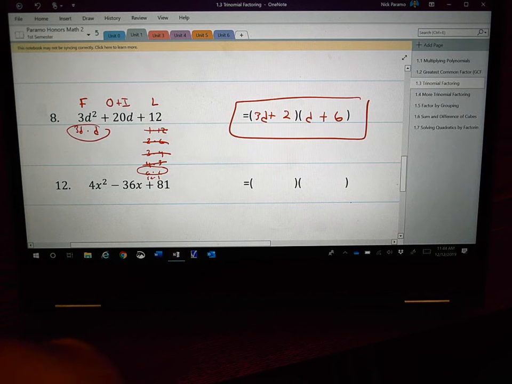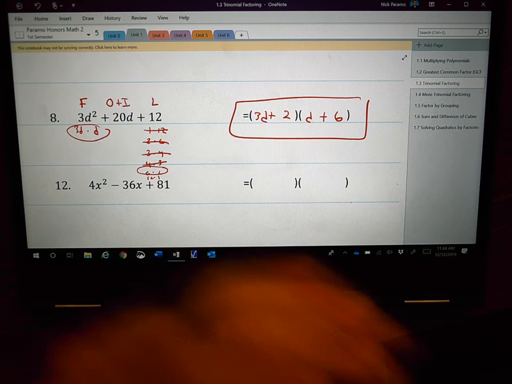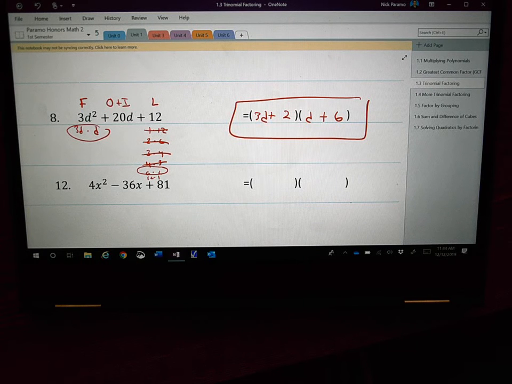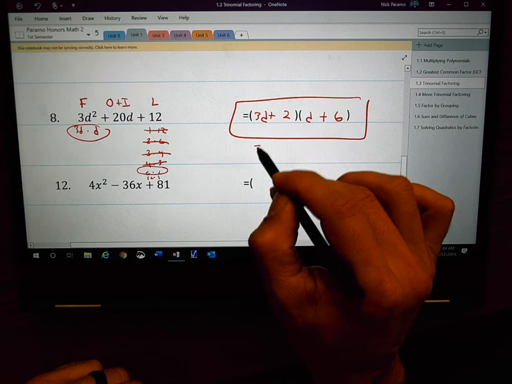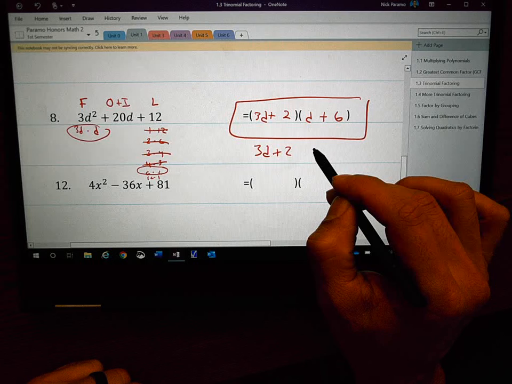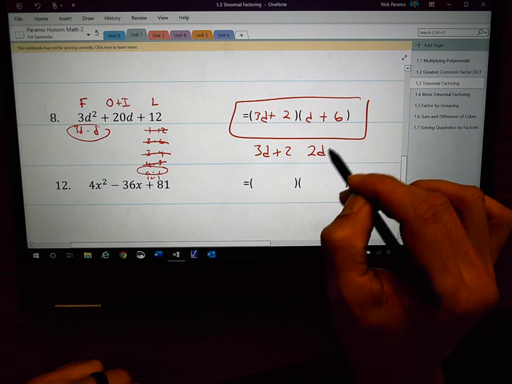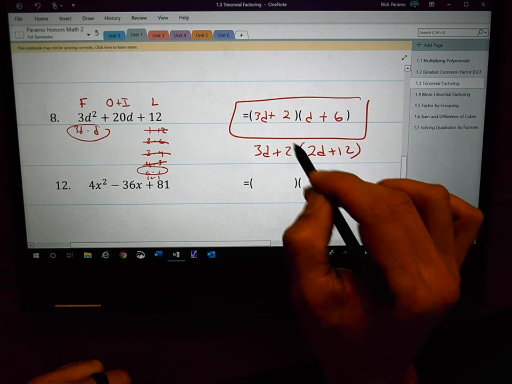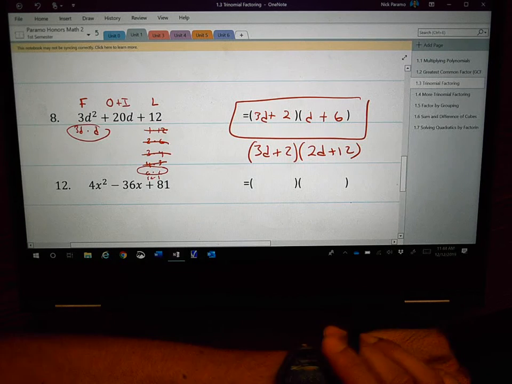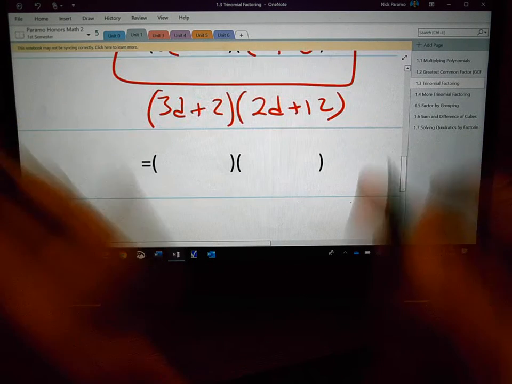Let me remind something to you. I remember a multiple choice question being the most missed question on the Unit 1 test, because some people got an answer like, let's say, this. And the direction said, factor completely.